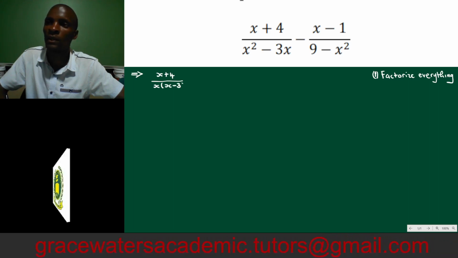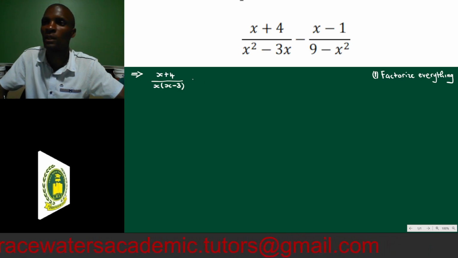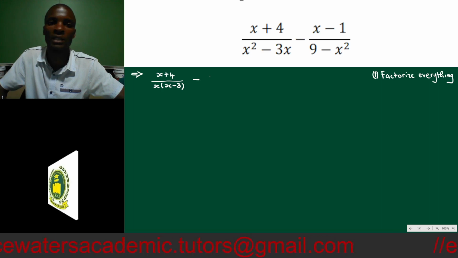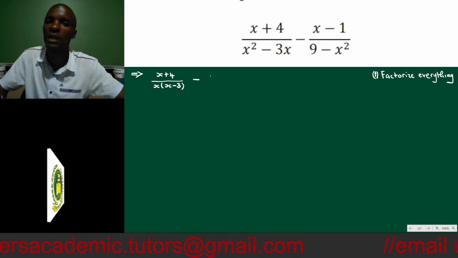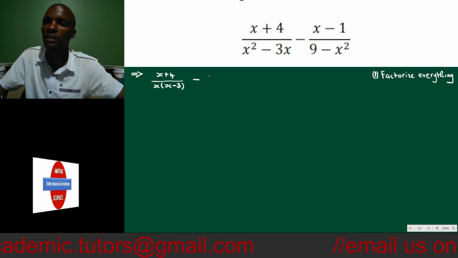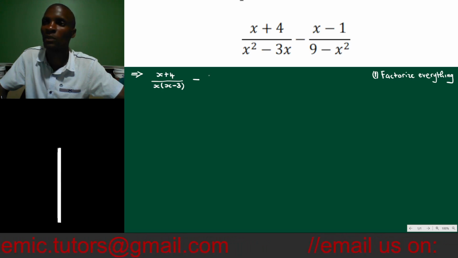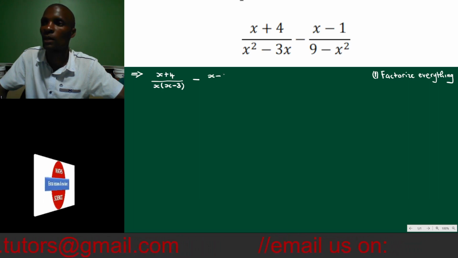This is factorization by ACF. If you don't know about factorization, I think I'm going to share also some videos based on factorization. Then the top part of the second segment is reading x minus 1. We cannot factorize it, so we write it as x minus 1.